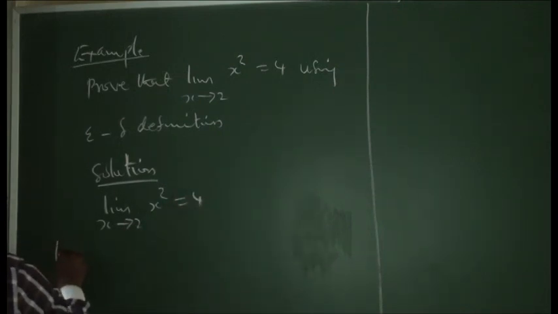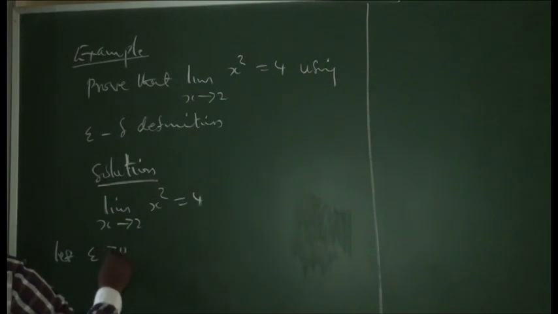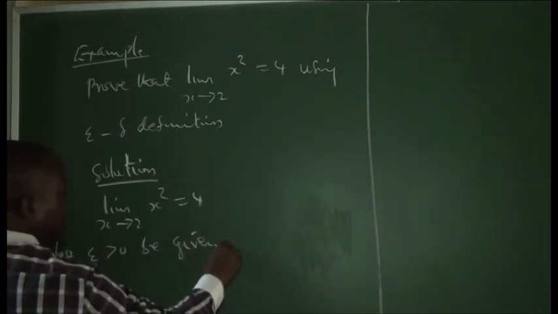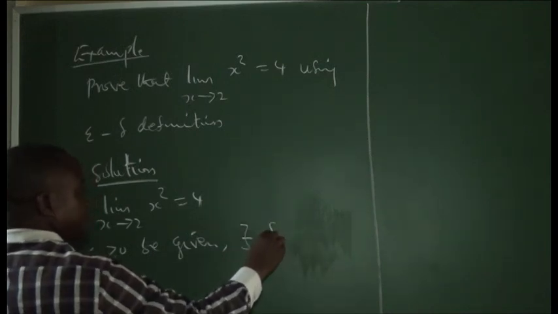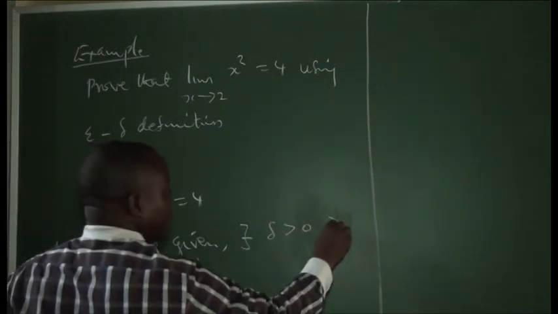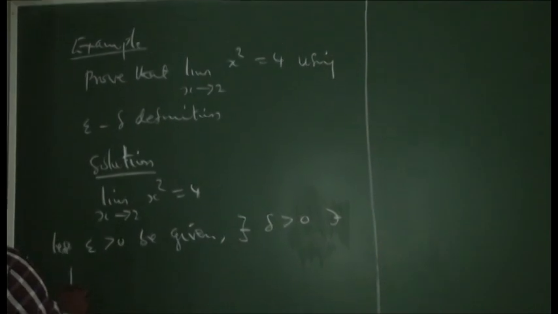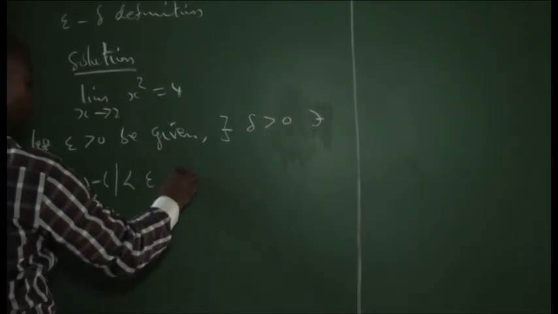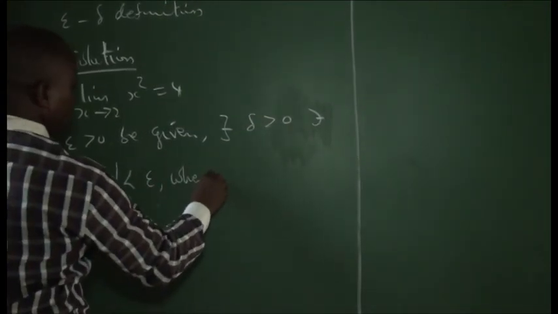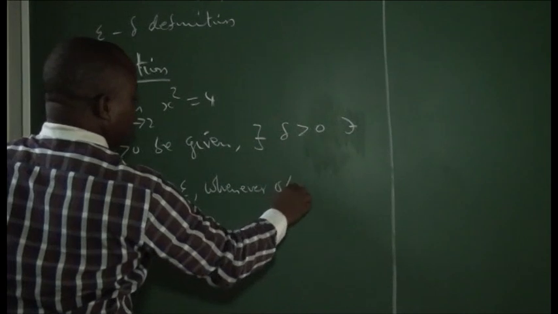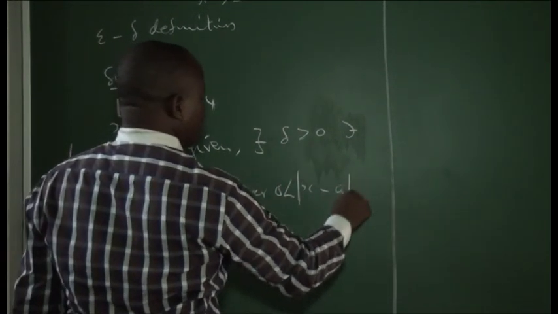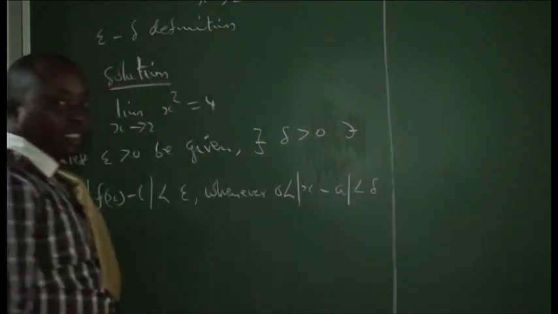Now let epsilon greater than 0 be given. There exists delta greater than 0 such that the absolute value of f of x minus L will be less than epsilon whenever 0 is less than the absolute value of x minus 2 and less than delta.